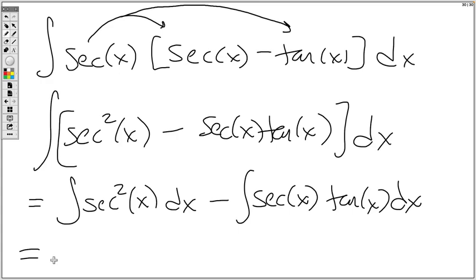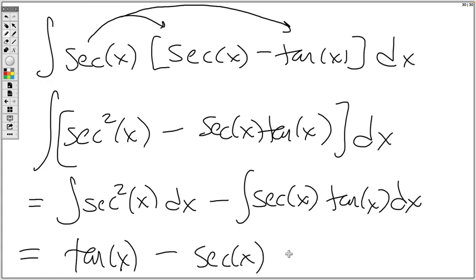The answer is tangent minus, I need a function whose derivative is secant times tangent. The answer is secant. And how do I capture all the antiderivatives? I slap on a what? Slap on a C. Make sense or not, folks?